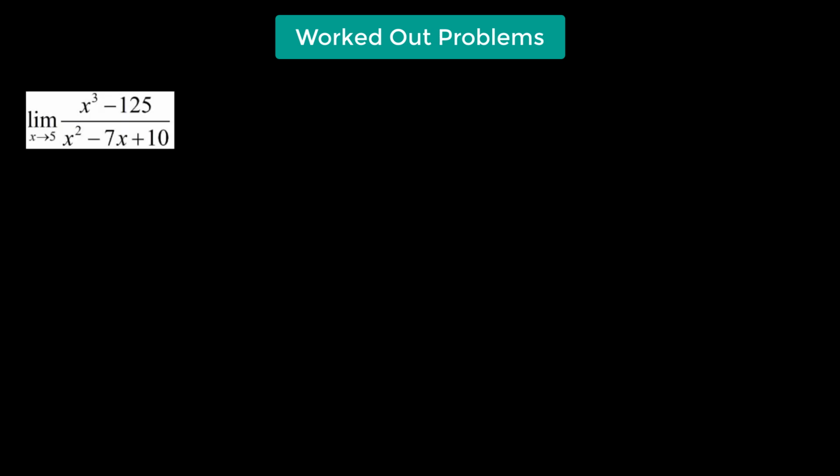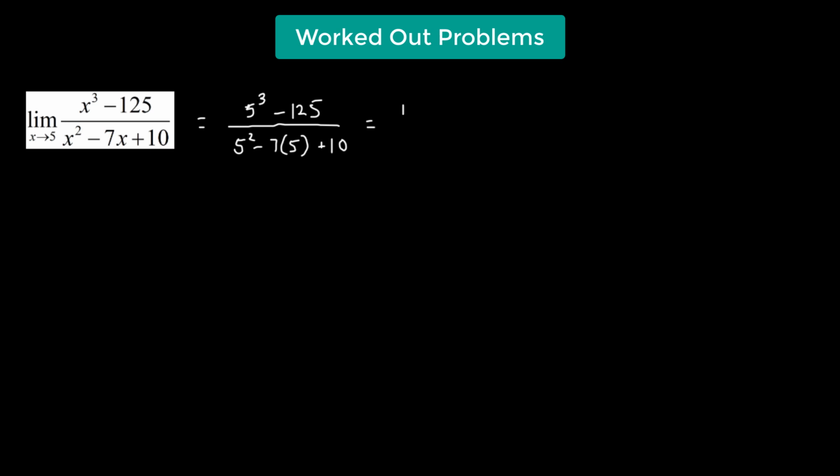So we have to determine the limiting value of the given rational function when x approaches positive 5. So let us do a direct substitution here. So we have 5 cubed minus 125, divided by 5 squared minus 7 times 5 plus 10.